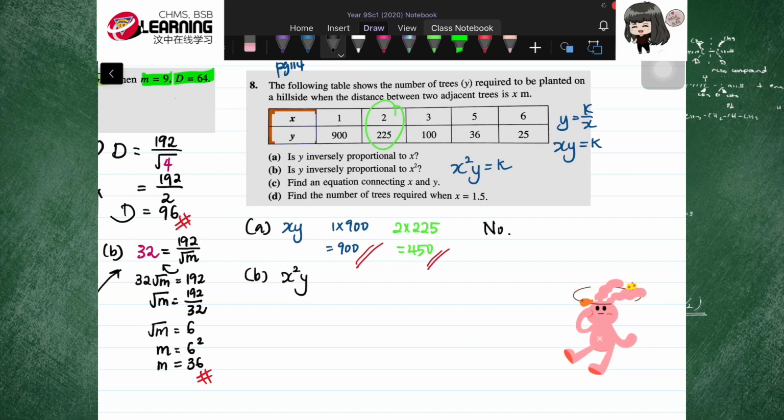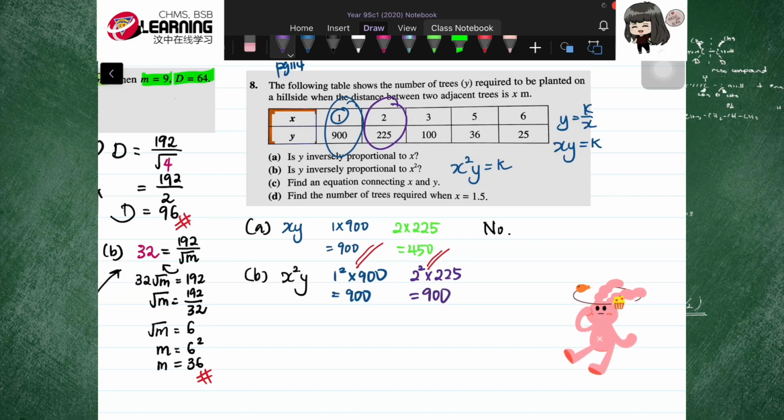Your first one, 1 squared times 900, is 900. The second one, 2 squared times 225.